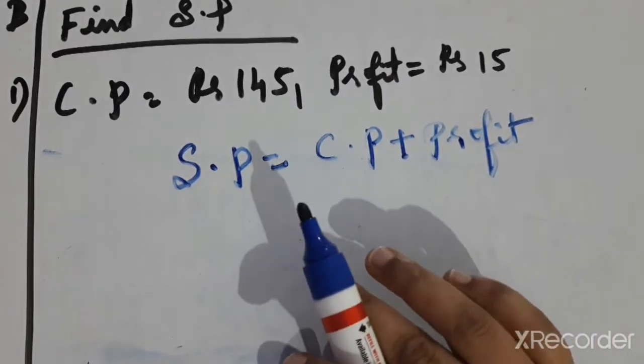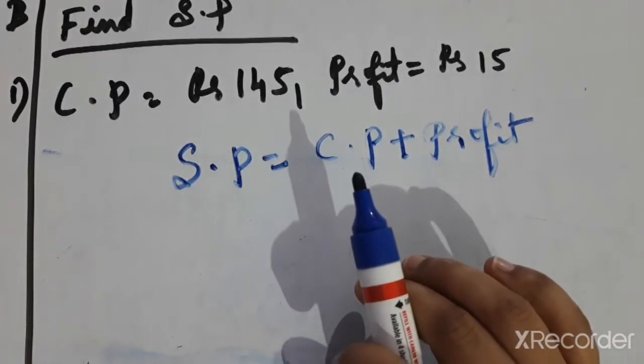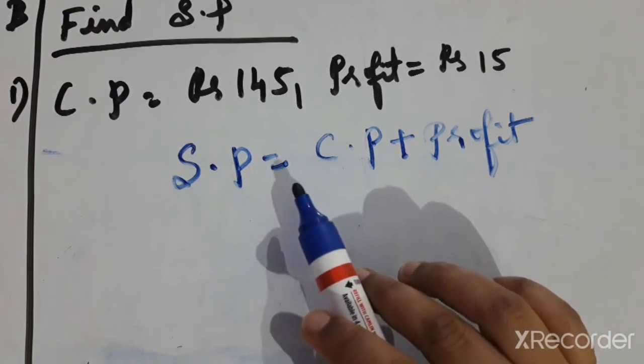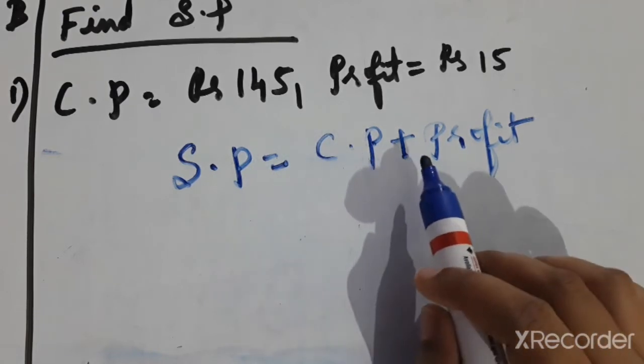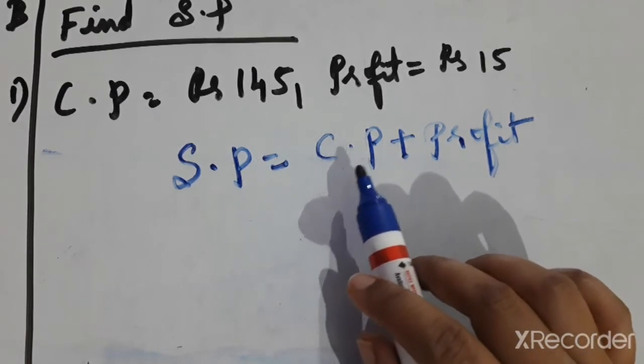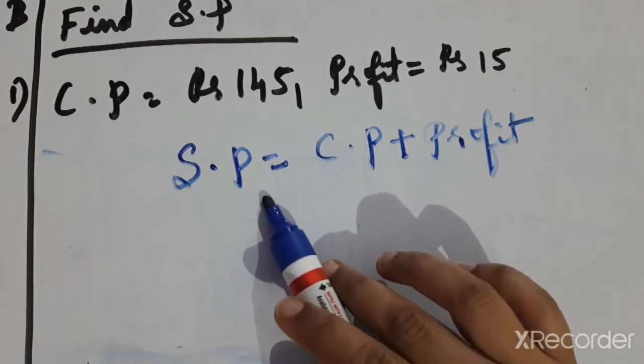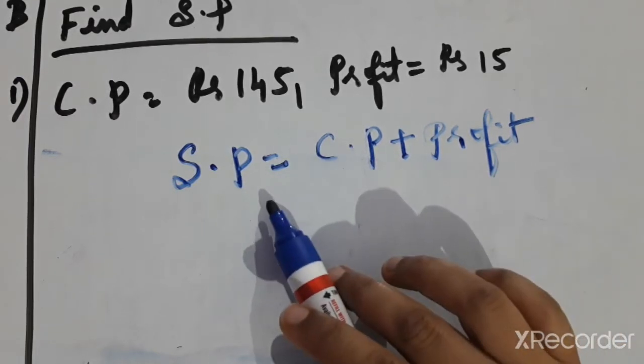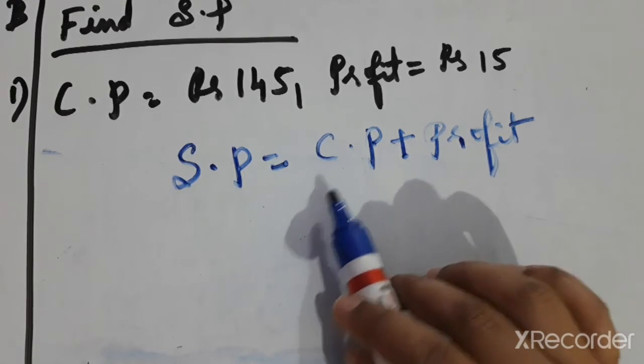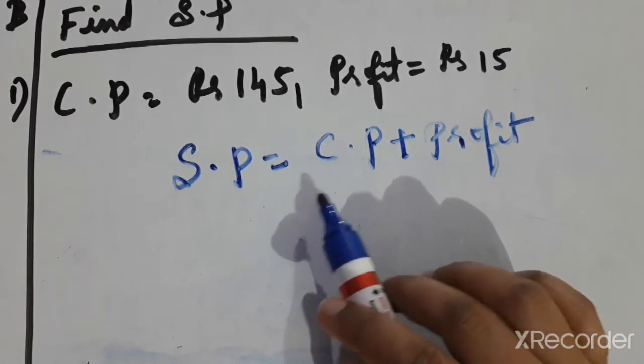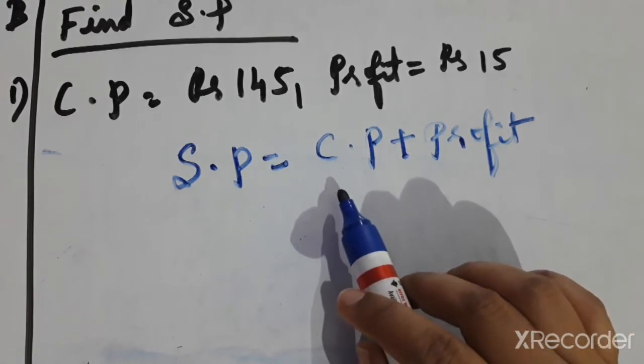Before we learn this chapter, learn all formulas related to this chapter, children. Selling price when we get profit, selling price when we get loss, cost price, and percentage of profit and percentage of loss also.